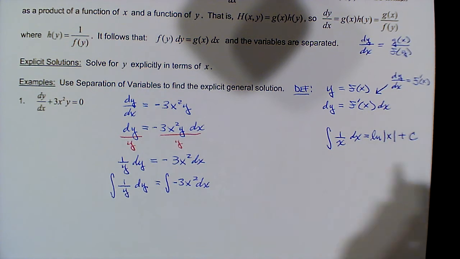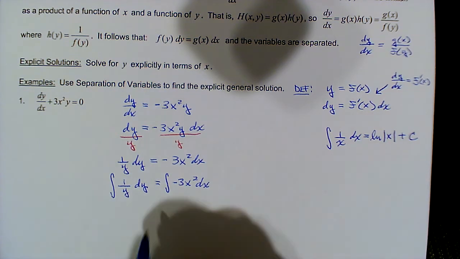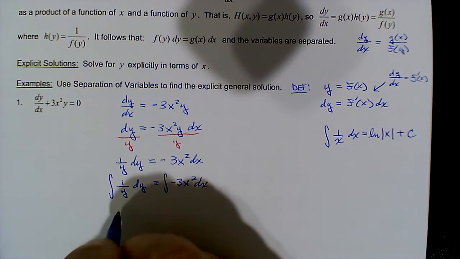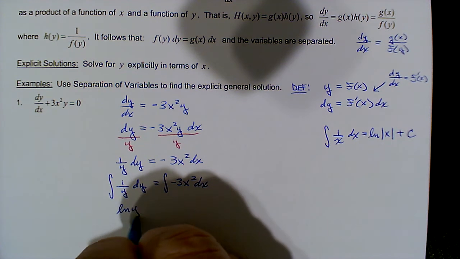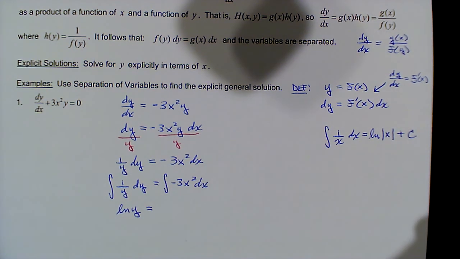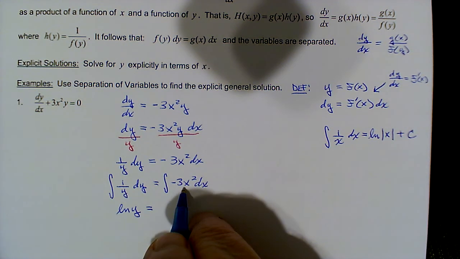And we don't need to include the absolute values, we'll assume that y is positive, and then integrating minus 3x squared, we get minus 3x cubed over 3, or minus x cubed, and we add our constant of integration at that point.